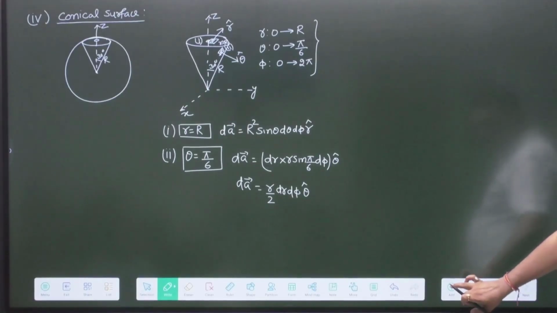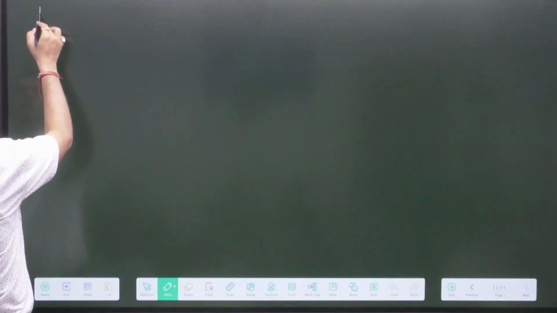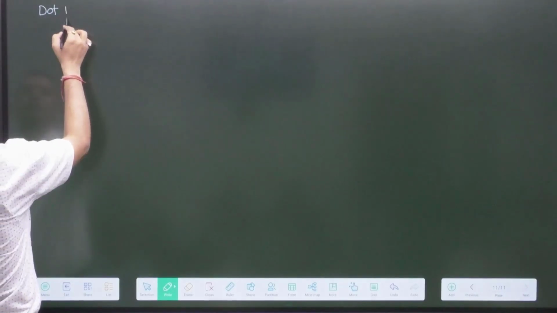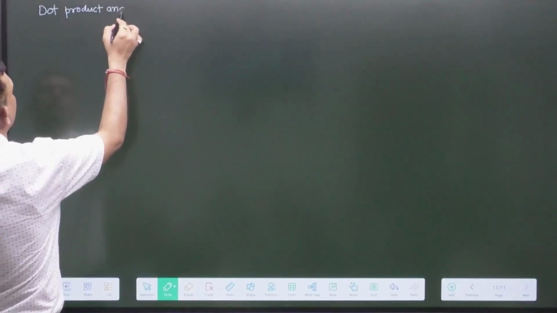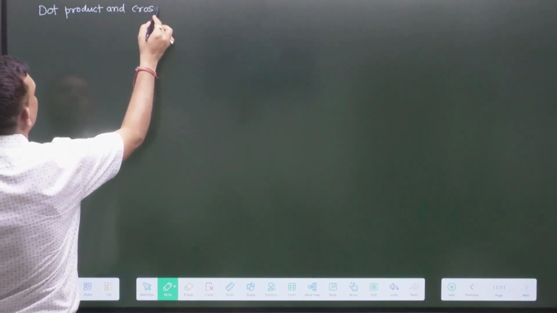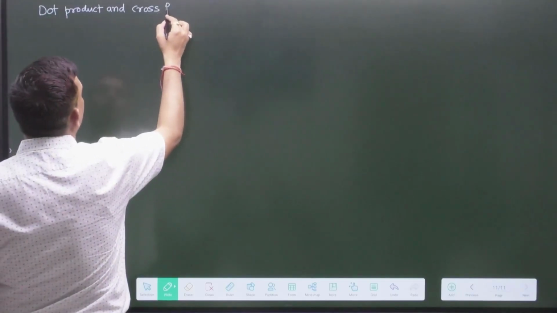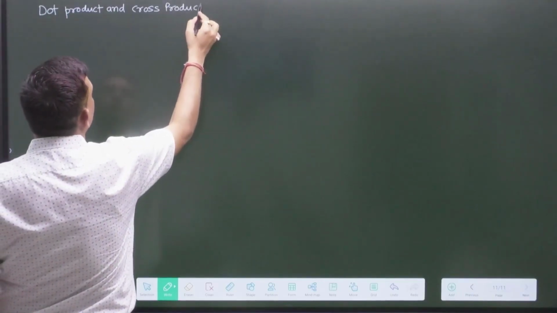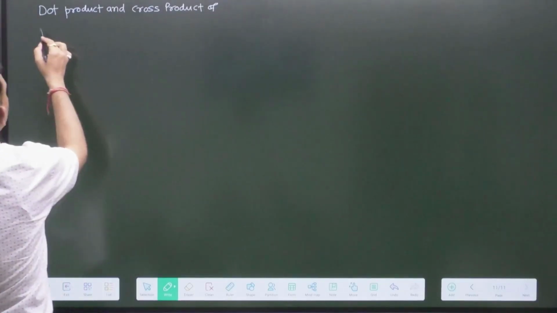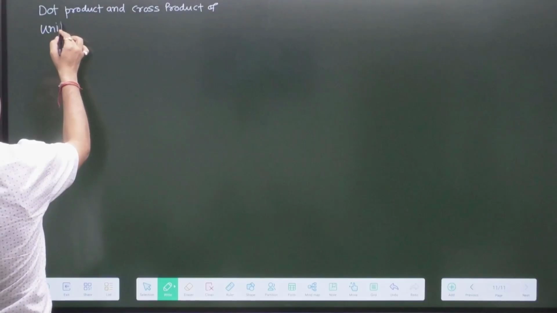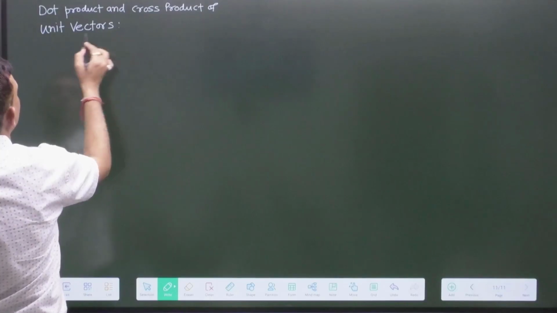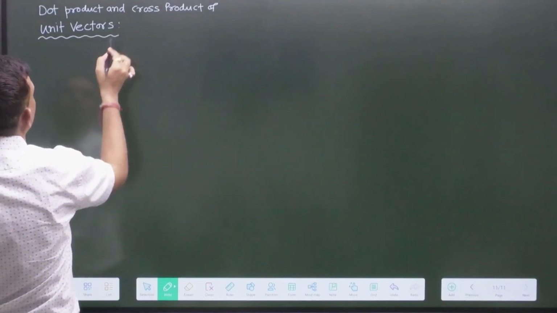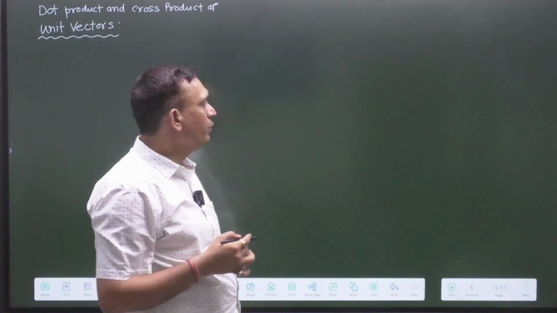Because they are perpendicular, you can easily write the dot product and cross product of unit vectors.